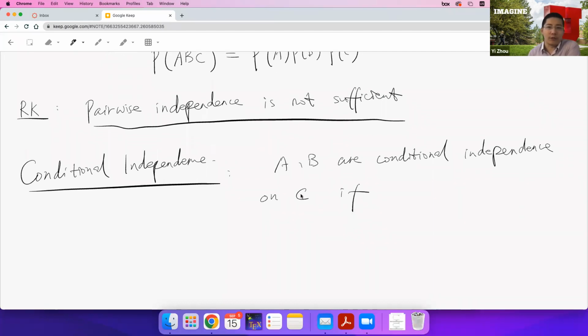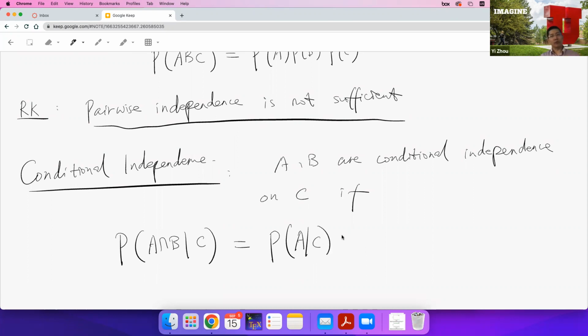Conditioned on the event C, we say A and B are conditionally independent if the joint probability conditioned on C equals the product of the two conditional probabilities.